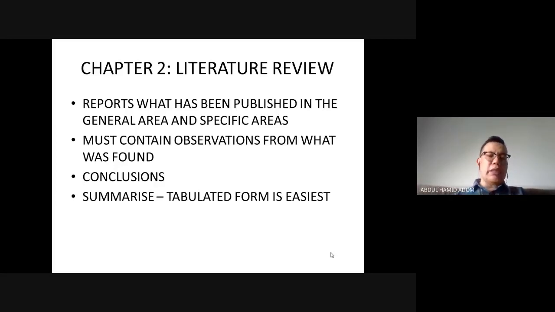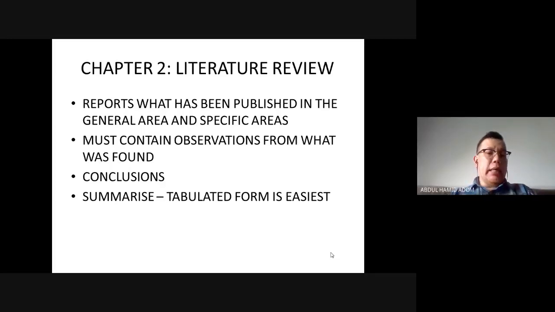What are the conclusions? Usually, the conclusion in a literature review is the research gap. What is the research gap? Research gap usually refers to the things that have not been done, that have not been focused on, or something that you propose to do, something new that you propose to do, okay, that has not been done by others, or something that you propose to improve upon what has been done.